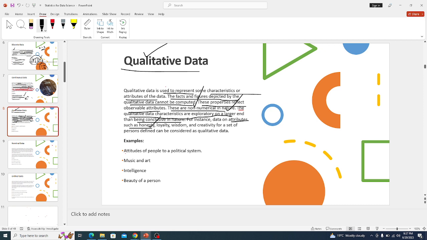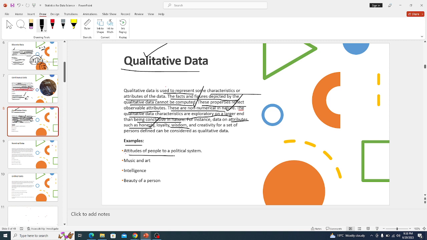Of course you can't present honesty in numerical form. Also wisdom, you can't present in numerical form. Loyalty and also creativity. So you can see these are attributes. So we have general examples of qualitative data.